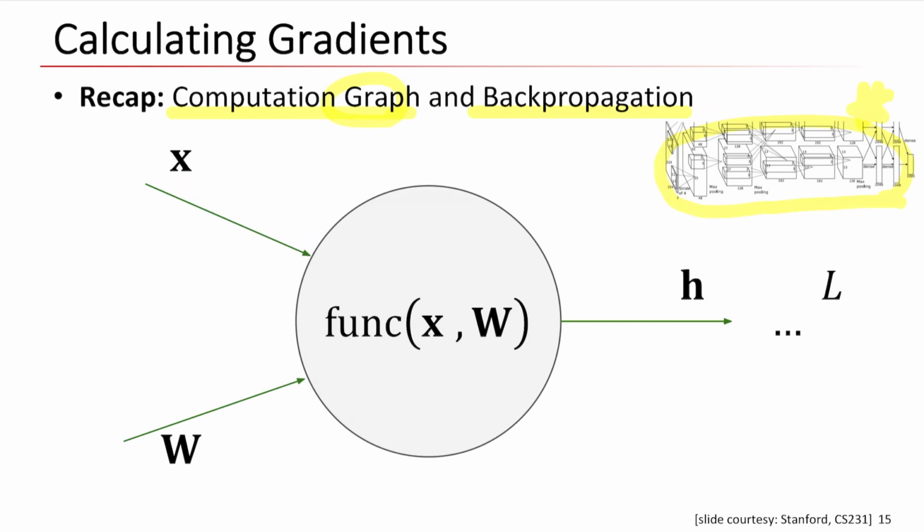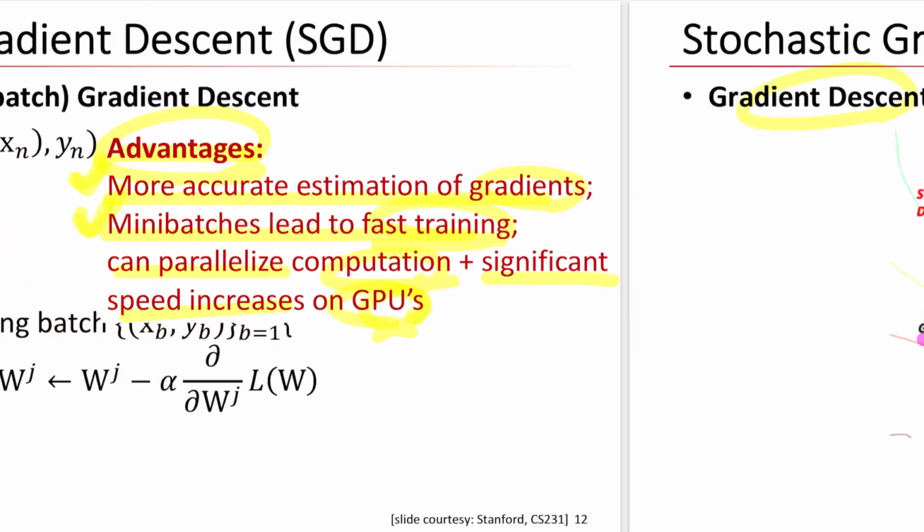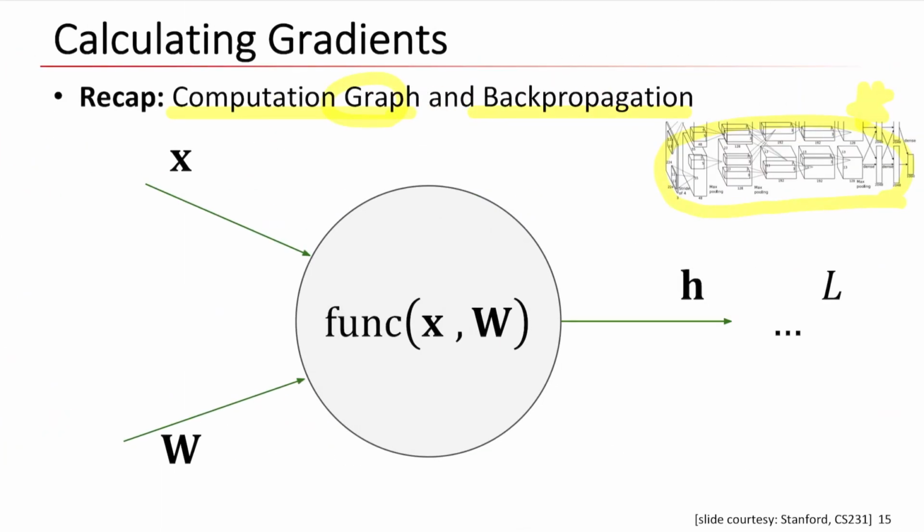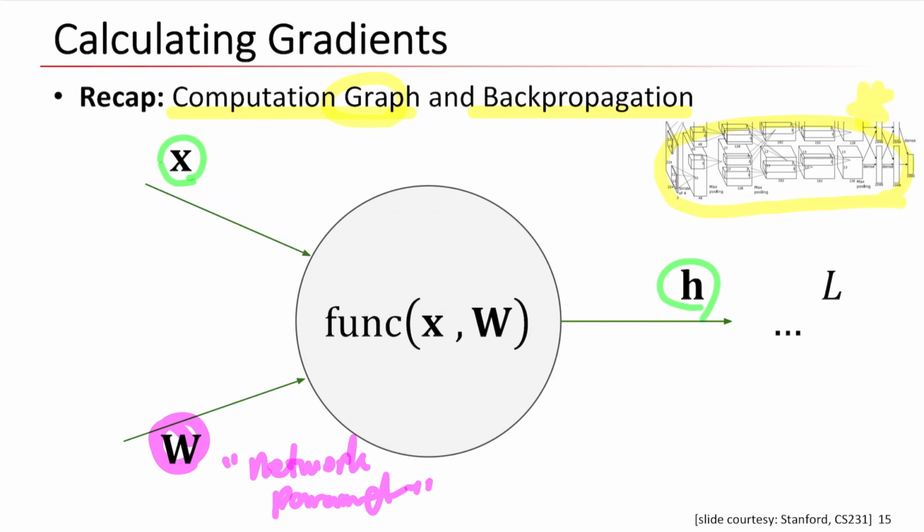So let's recap what we have done so far. What do we want to do here? We want to estimate the gradient of the loss function in terms of the network parameter w, right? So let's say this is the network parameter w, this is the input signal, and this is the output of one node here.